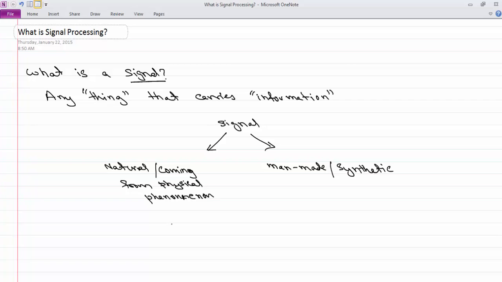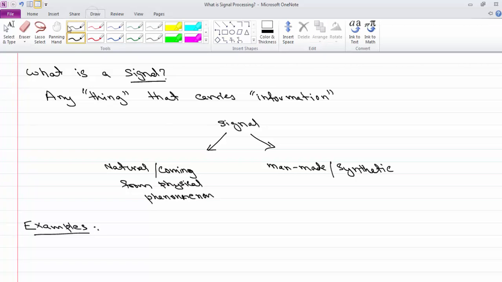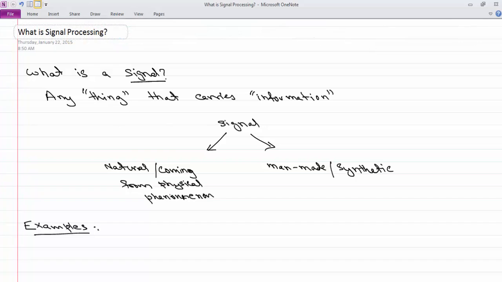Okay. So what are some examples of these two classes? I have some examples listed down. Of course, you can find your own examples and think about them.